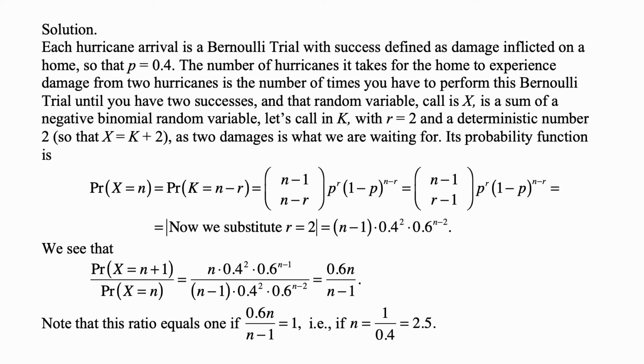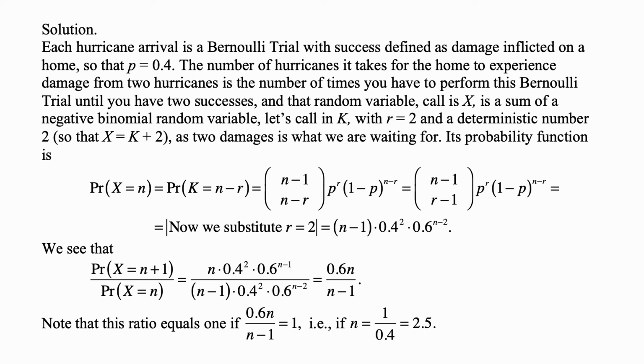And that's equal to n minus 1 choose n minus r times p to the r times 1 minus p to the n minus r. So that's the same as n minus 1 choose r minus 1, p to the r times 1 minus p to the n minus r. That's what you know from the definition of the negative binomial random variable, and you need to know that for the exam.